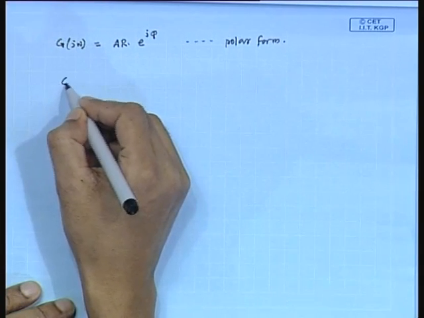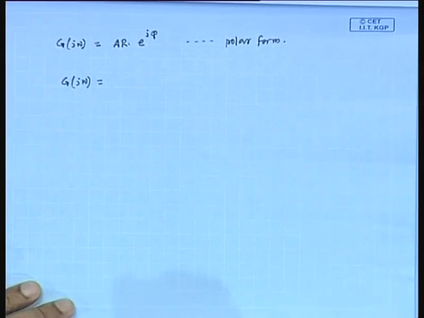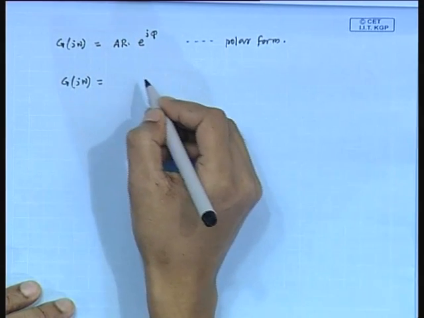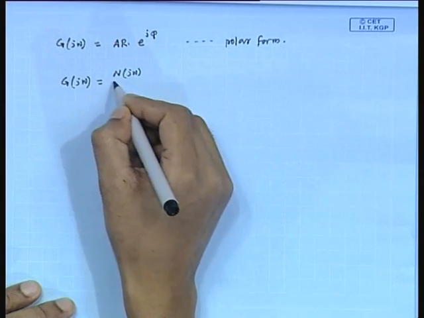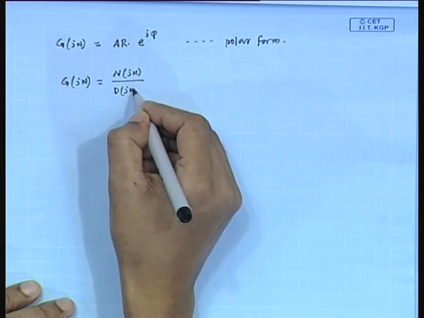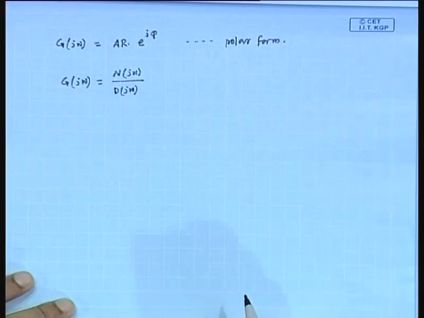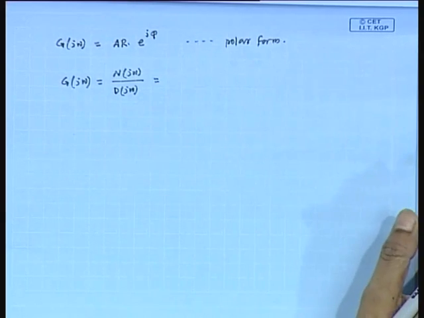Now, we can write this frequency response transfer function as G of j omega equals the numerator divided by the denominator part. Now, we will apply the polar form.